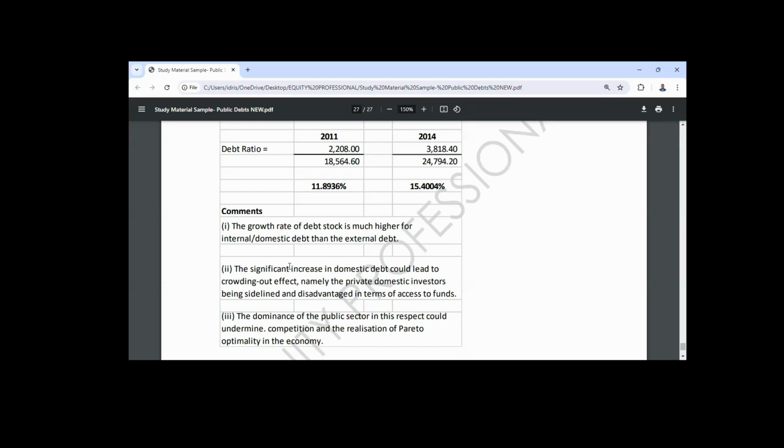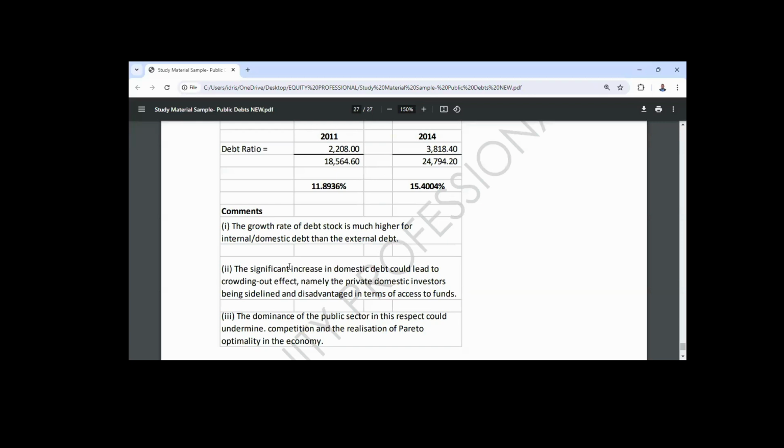And as we all know, if domestic debt increases in a country, it may lead to what? Crowding out effect. Crowding out effect simply means government will sideline the private investor from having access to funds from the commercial banks. Commercial banks are the ones that give internal debt.